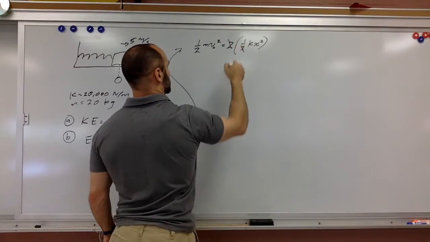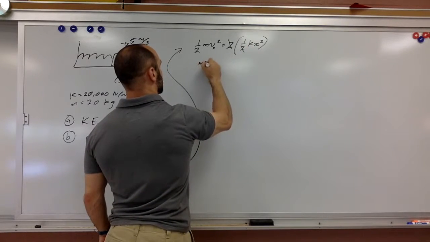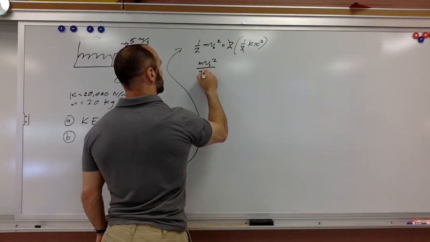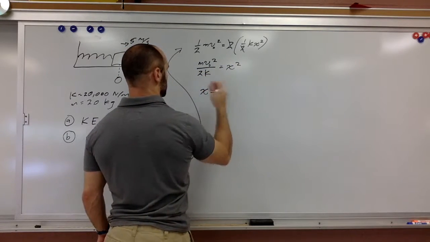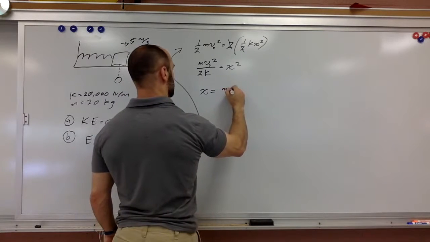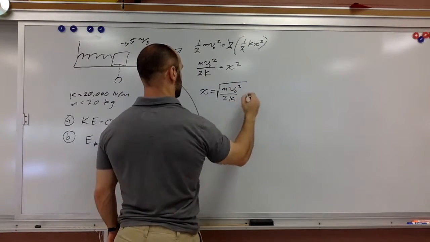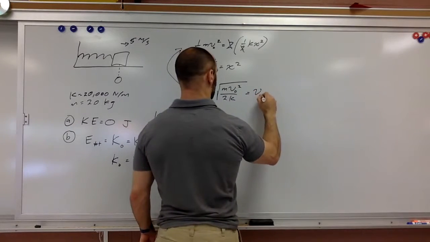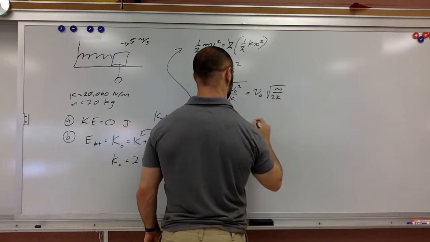So this cancels out with that. I'm going to divide k over to this side, so I'm going to have m v naught squared over 2k equals x squared. So x, this position, is m v naught squared over 2k, and I take the square root. Simplify a little bit more, v naught root m over 2k.